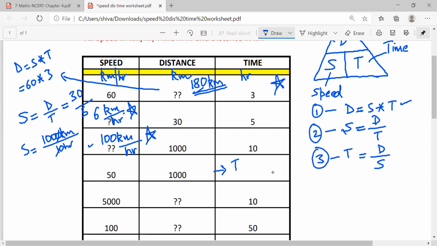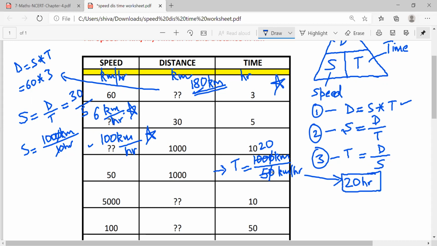The formula for time is distance upon speed. The distance is 1000 kilometers. The speed is 50 kilometer per hour. So therefore, time would be, Mr. Sarthak. So I multiplied by mistake. Have you understood? Yes, sir.